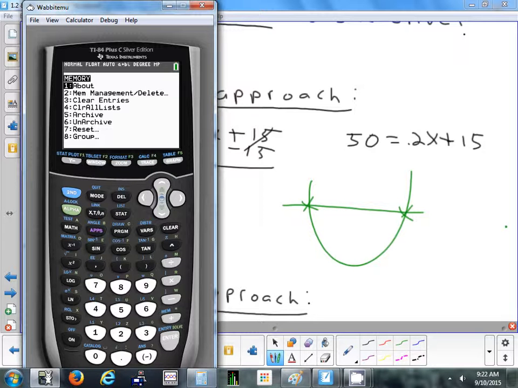You go to second, memory, reset, and then reset. I usually do the first option. You will lose any programs you have in it, but it'll at least give you a fresh starting point if you're having a lot of weird errors. So you can always do that reset.